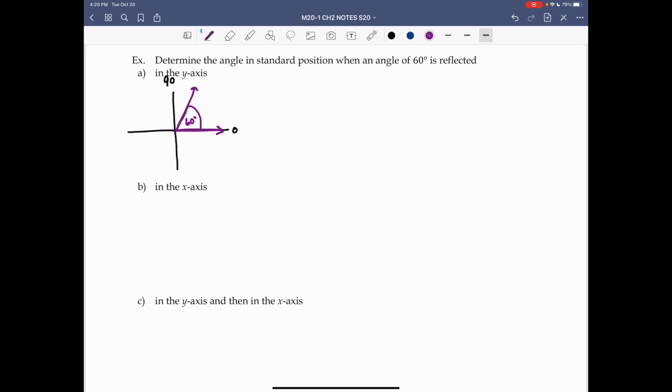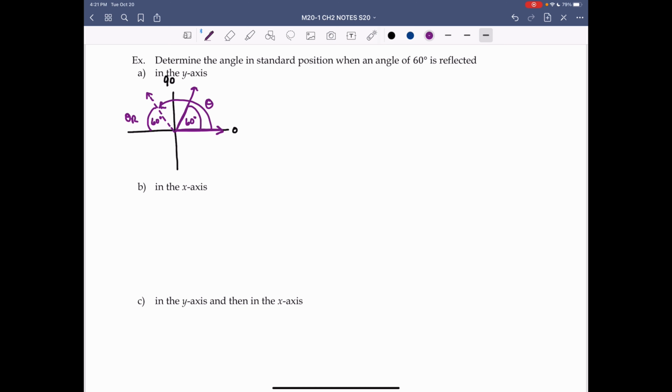I'm going to draw it with a dotted line just so it looks a little different. And the reference angle would be the same. So this angle here would still be 60 degrees, which is our theta r. We want to determine the angle in standard position, so what we want to know is what this angle here is, which is theta.